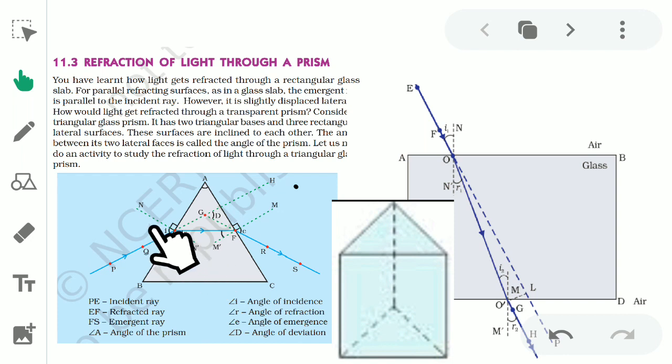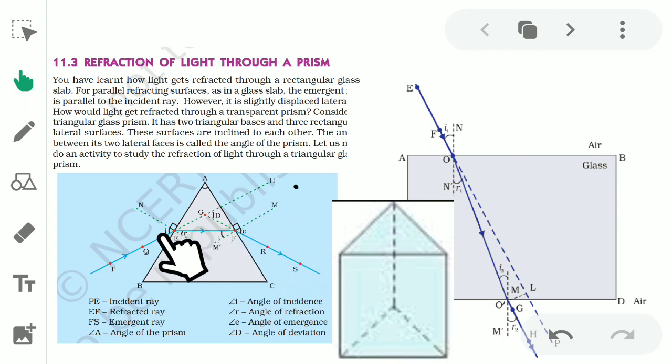When a light ray enters from rarer to denser medium, what happens to the ray? The ray bends towards the normal. This ray is incident on the other surface, that is AC. Here the ray is going out, that means the ray passes from denser to rarer medium. So the ray bends away from the normal.